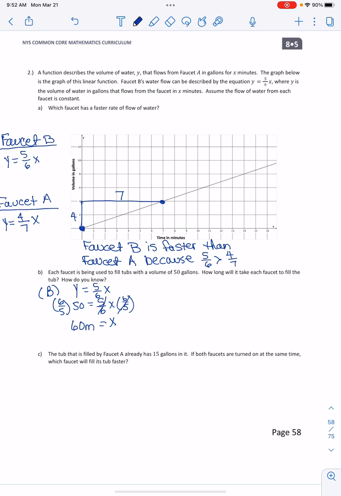For A, we have y equals 4/7x, and we replace it with 50. We have x is 87.5 minutes.